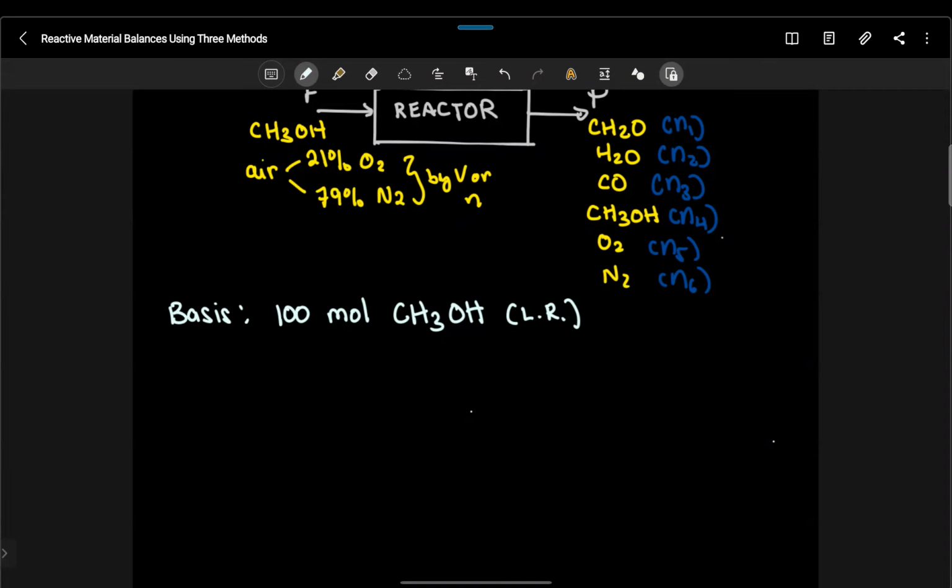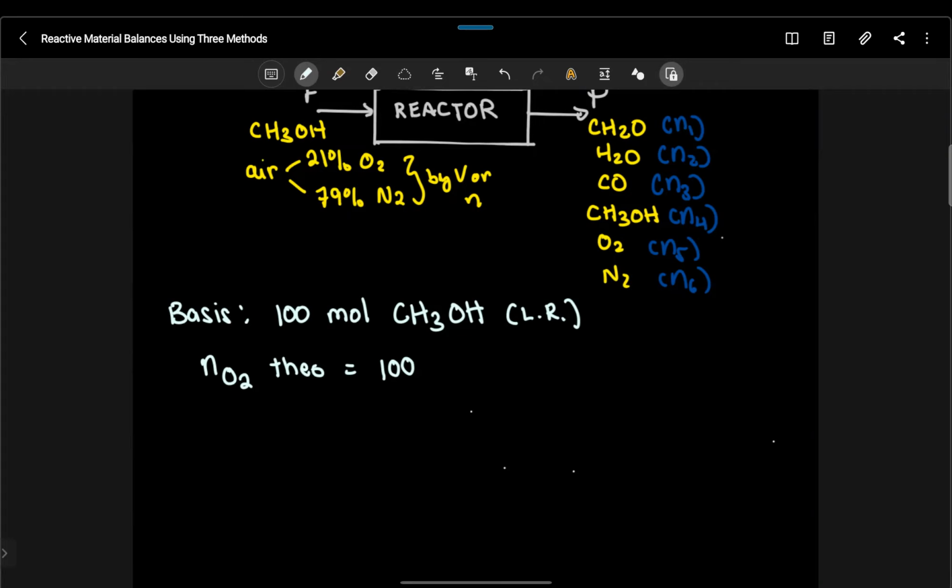Let's first calculate yung moles oxygen theoretical. Ano ibig sabihin? Pero meron tayong 100 moles na methanol. So methanol pala to, no? So we have 100 moles of CH3OH. But based on the reaction, ilan yung theoretically required na amount ni oxygen.